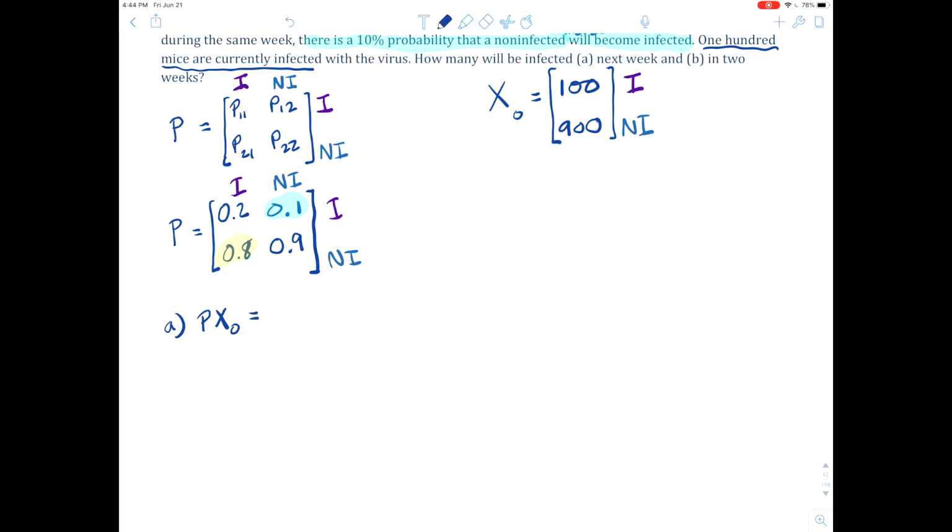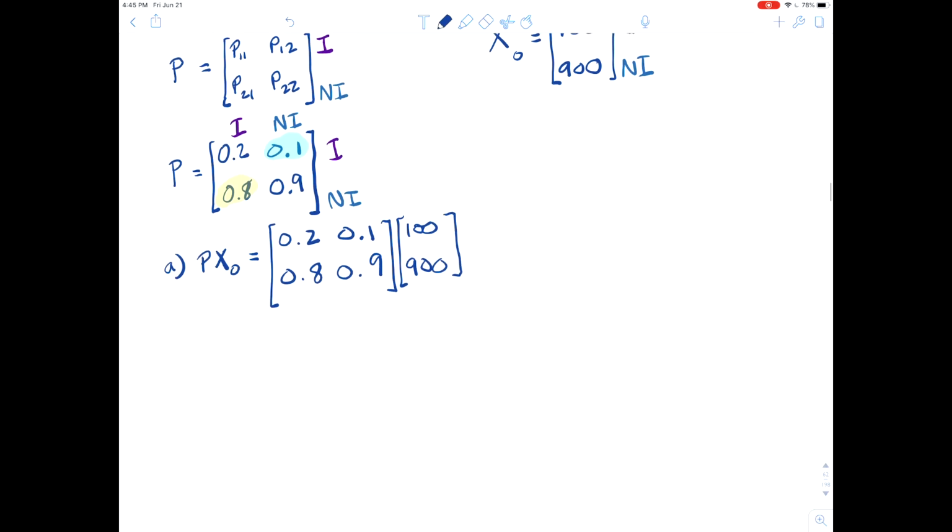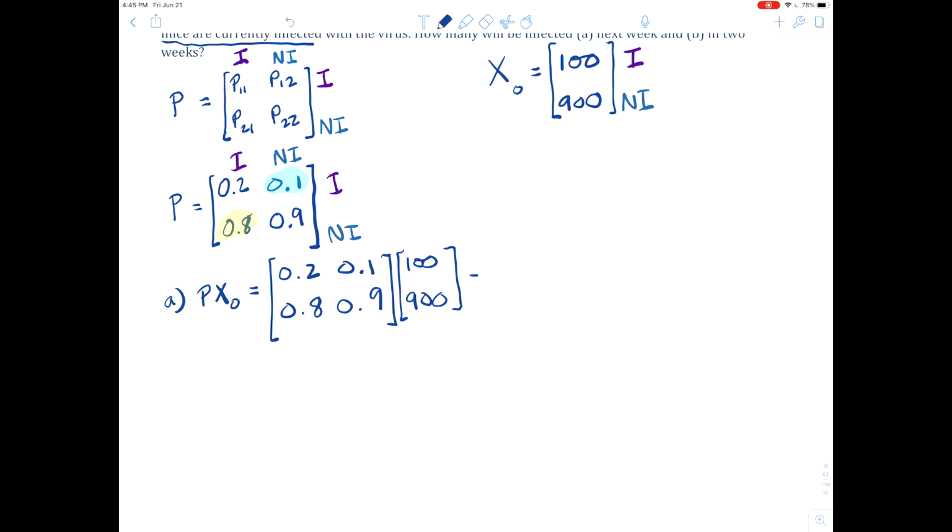And that's going to end up being, let's see, 0.2, 0.1, 0.8, and 0.9 times 100 and 900. And then doing the multiplication on that, what do we get?